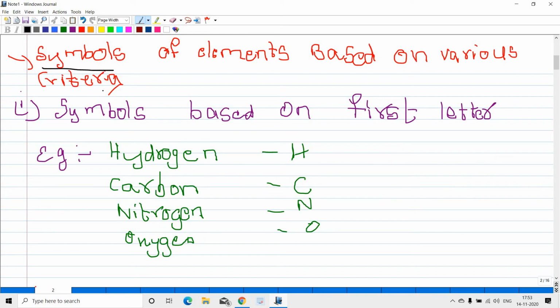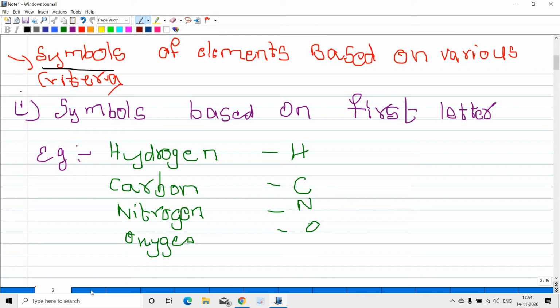Symbols based on various criteria means the element symbols are made in different manners. First one is symbols based on the first letter, meaning a single letter, like hydrogen, carbon, nitrogen, oxygen. These are examples of single letter symbols. These elements all have single letters.